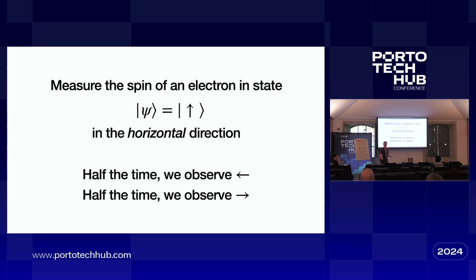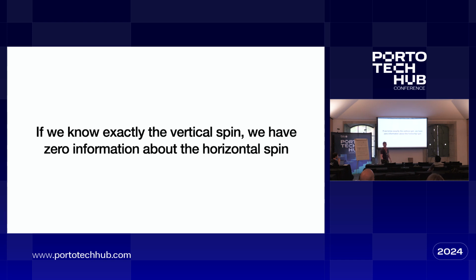One way of thinking about it is that the act of measurement has changed the state, right? Another way of thinking about it is that I really shouldn't get into this. I've entangled myself with the state. So if we know exactly the vertical spin, we have 0 information about the horizontal spin.